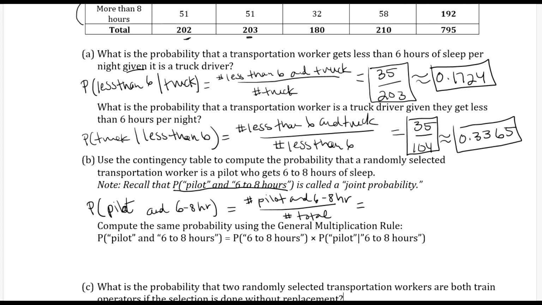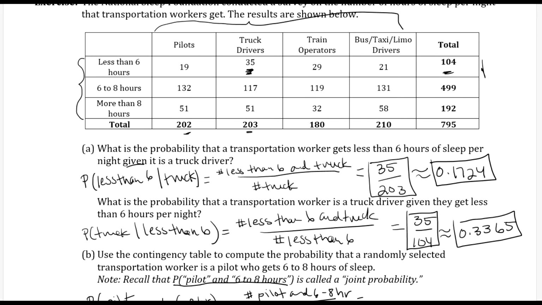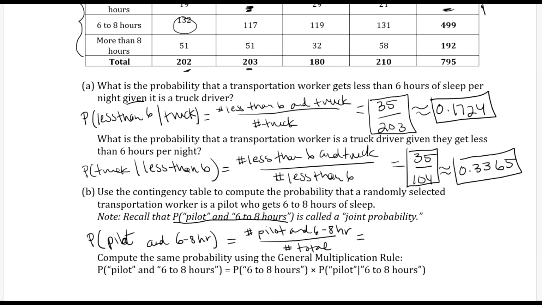So we come up here and look at our table, and pilots that are 6 to 8 hours of sleep are 132. And the total that we've asked is 795. This is approximately equal to 0.1660.